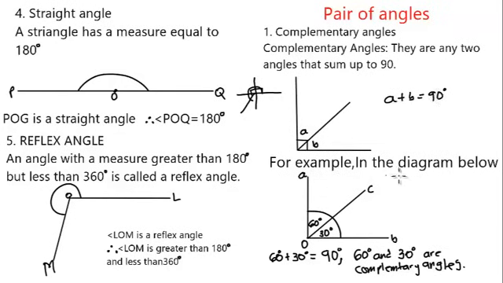Now, for example, in the diagram below, the diagram you are seeing over here, we have AOB. So when I say angle AOB here, what is it? 90 degrees. I'm referring to this big angle over here. If you want to call a specific angle, let's say angle 30, the angle is here, and so I'll call angle COB.